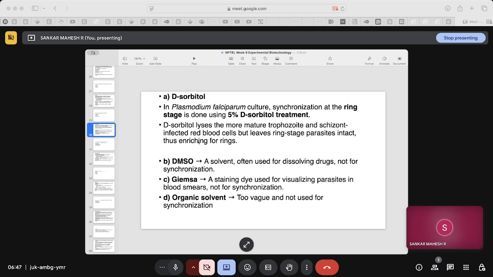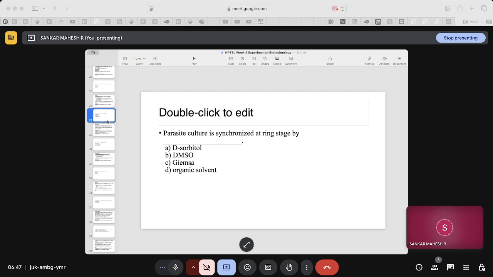But the ring stage parasites are intact. So this way we can ensure that only the ring stage parasites are selected when you do a sorbitol treatment. So this synchronization is done with sorbitol.